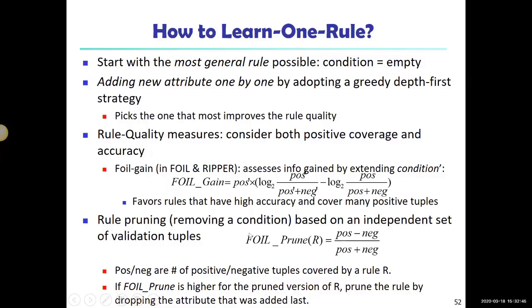But when pruning a rule, a different standard is used. This one is the formula. So the idea is you want to make sure that after the rule is pruned, you're not adding lots of negative or false positive examples.